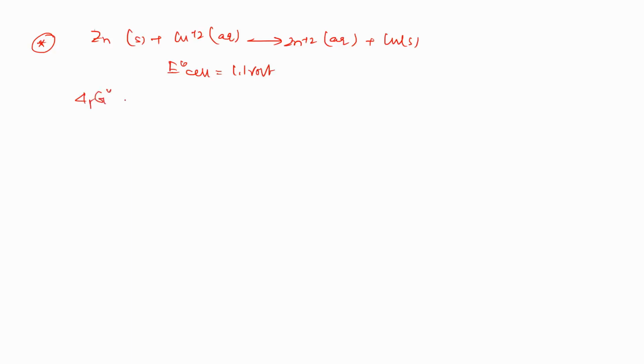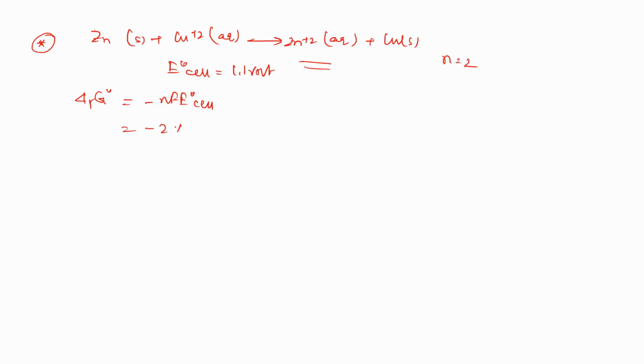Now suppose this same reaction I am taking: Zn plus Cu2+ aqueous gives Zn2+ aqueous plus Cu. For that case we know that E0 cell equals 1.1 volt. So ΔG0 equals minus nF E0 cell, we know that equation. In that equation n equals 2.